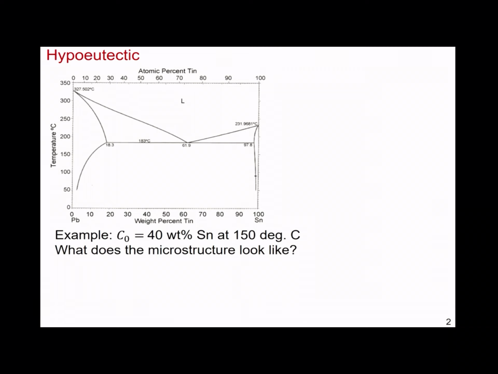Let's mark that: 40 weight% tin and 150 degrees Celsius. That puts you right there where the red dot is. You can mark whichever slide deck you want or copy down this phase diagram. So if you're here and you're in the liquid, what does that microstructure look like?